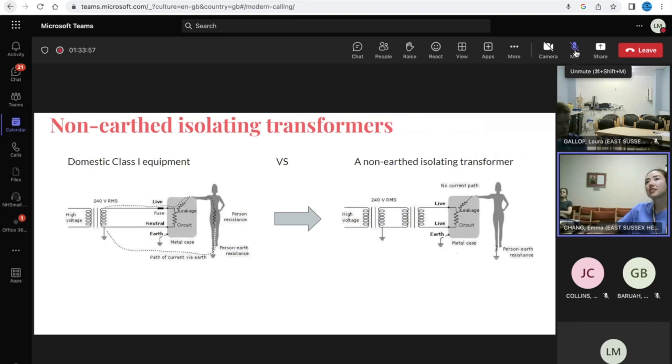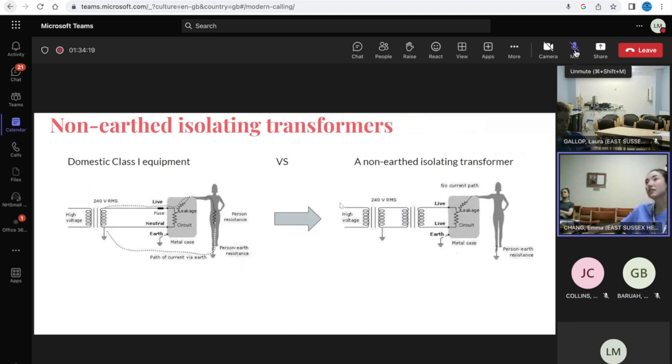So this is one of the safety mechanisms I mentioned. On the left, this is domestic classified equipment, which is actually thought to be quite unsafe, because if you touched a part of the circuit, then the current would flow through you and into earth.